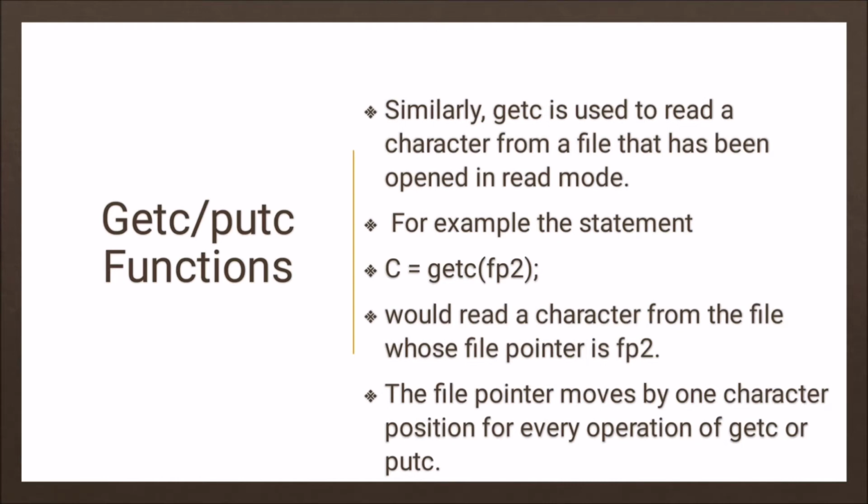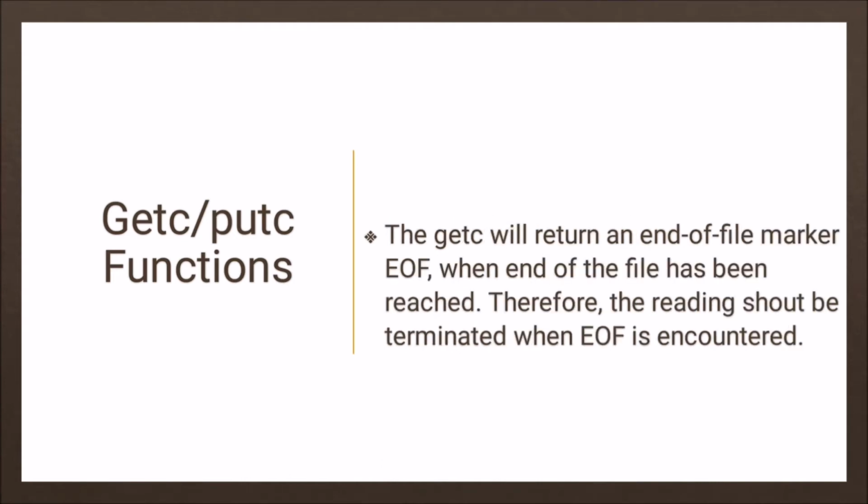For example, the statement c = getc(fp2) would read a character from the file whose file pointer is fp2. The file pointer moves by one character position for every operation of getc or putc, so the file pointer moves automatically.